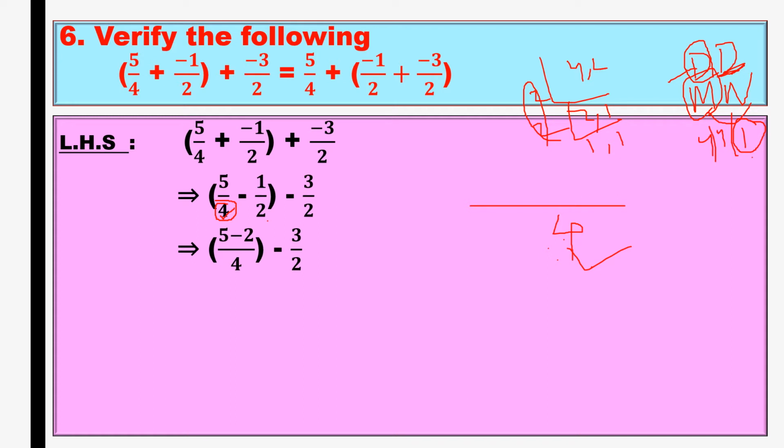Whatever answer you got, that one you should multiply with the numerator. Your numerator is 5. Simple, right? Divide denominator and multiply numerator. Denominator you should divide with the LCM. Whatever answer you got as a quotient, that one you should multiply with the numerator.